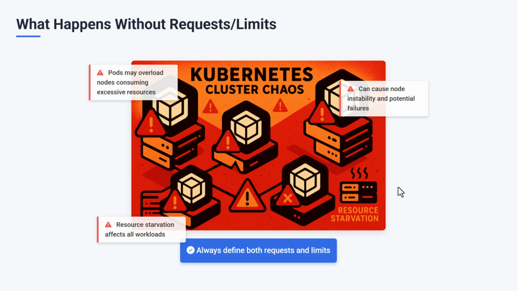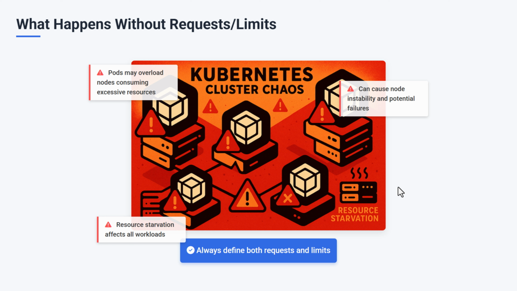So one pod might suddenly start consuming way more resources than it actually needs. And when that happens, the node can get overloaded. Now once a node is overloaded, everything running on this node starts to suffer. Other pods may not get the CPU or memory they need, and this leads to resource shortage. So even healthy workloads can slow down or crash just because one pod is using more than it should.